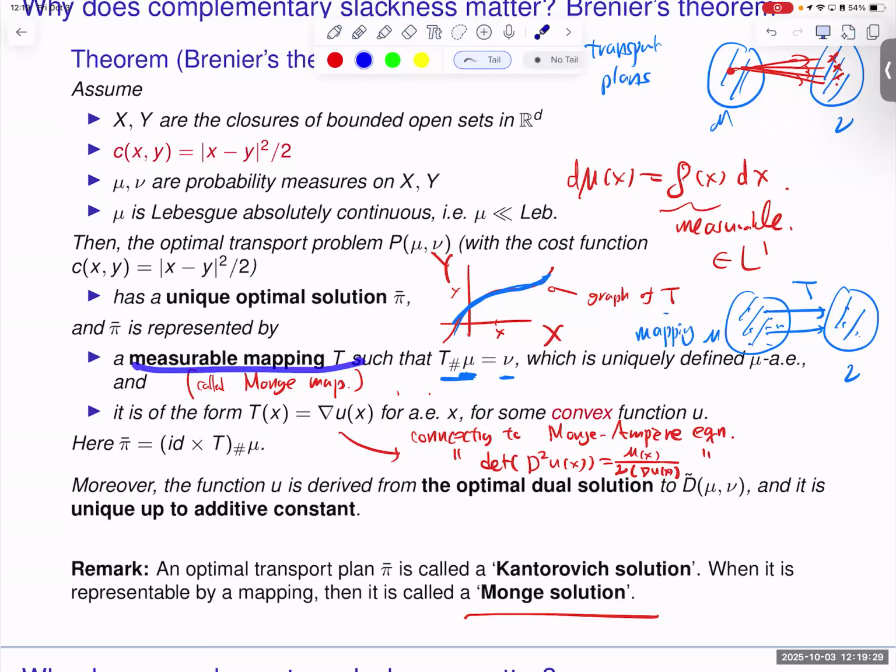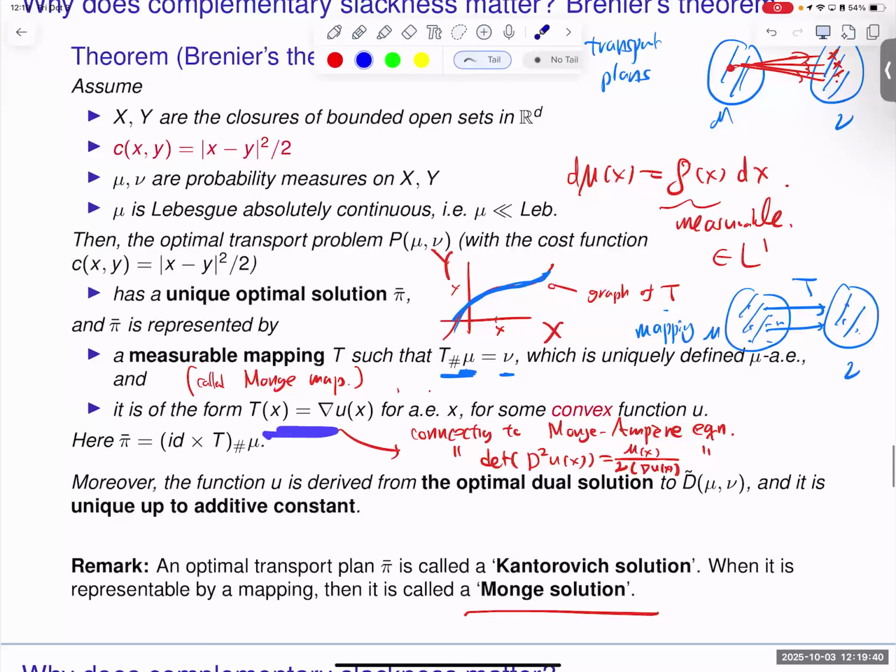To define such a measurable mapping, it's a mapping mu-almost everywhere, and in fact the mapping is given as the gradient of a convex function almost everywhere, just because mu is absolutely continuous with respect to Lebesgue measure.